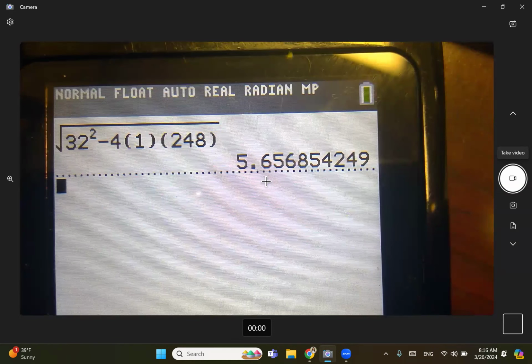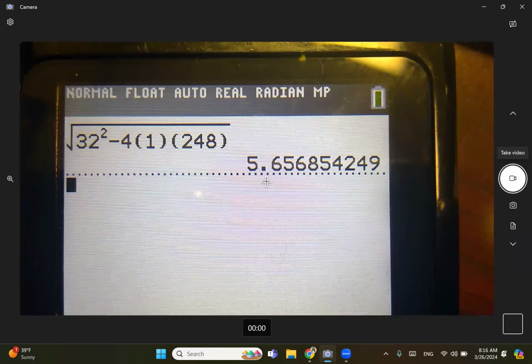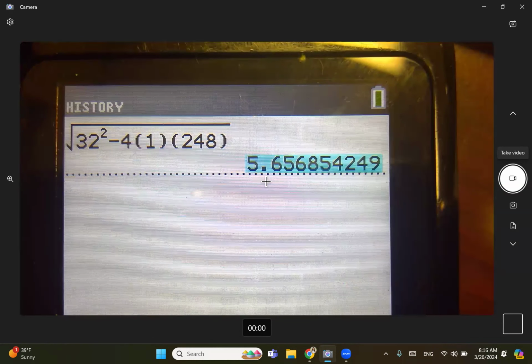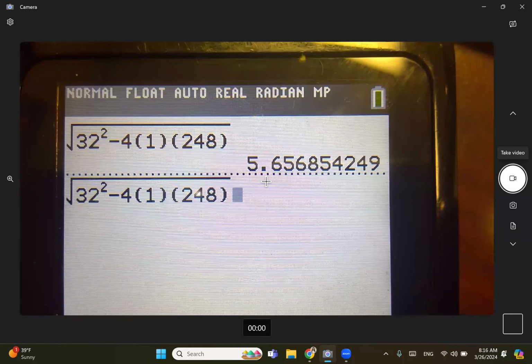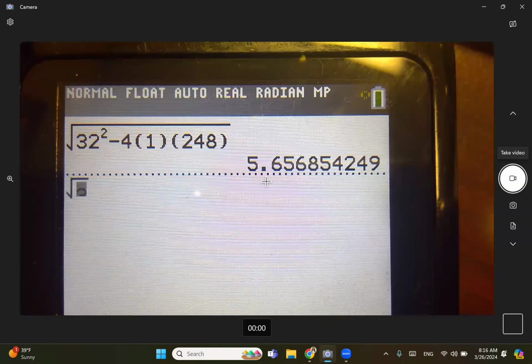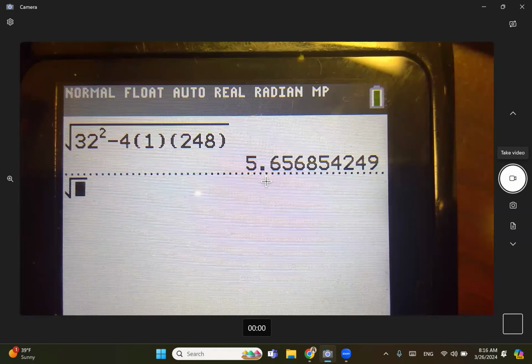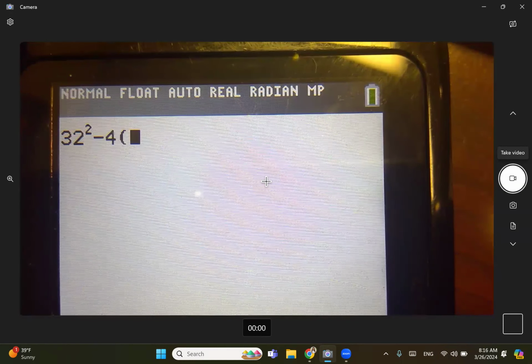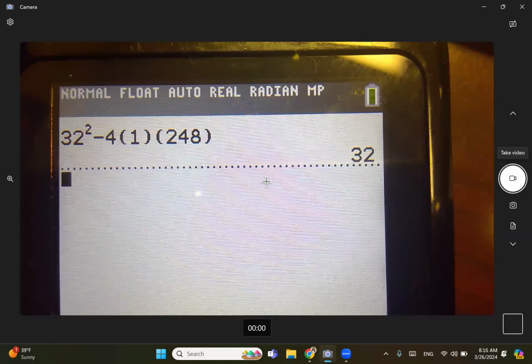That one does give you a decimal. So since it gives us a decimal, you need to type it without the square root. So you have to do 32 squared minus 4 times 1 times 248. And that gives you 32.